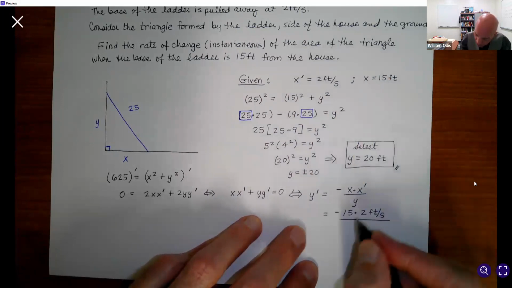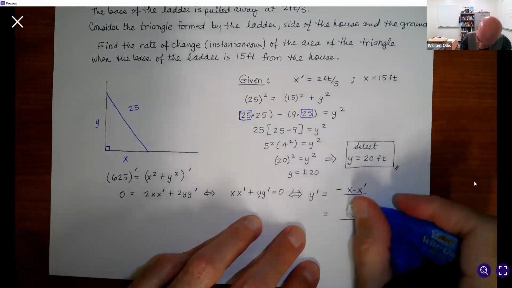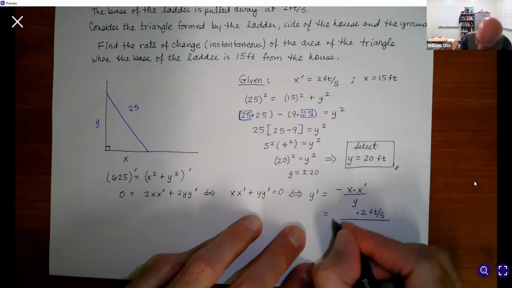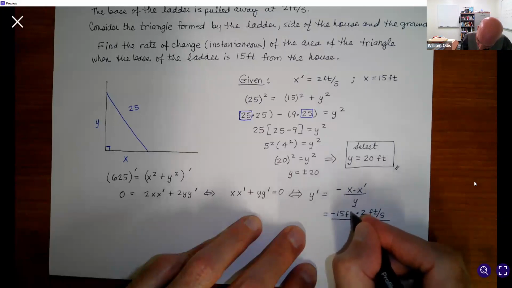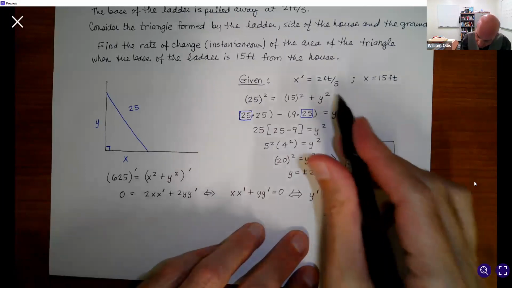Let me go ahead and write in the units here since I'm doing that. Dot negative 15 feet. And then, of course, y is 20 feet.